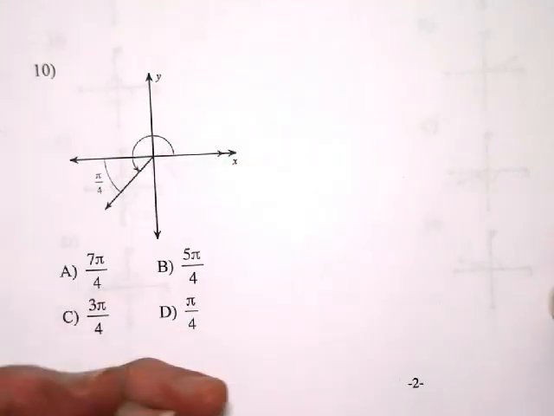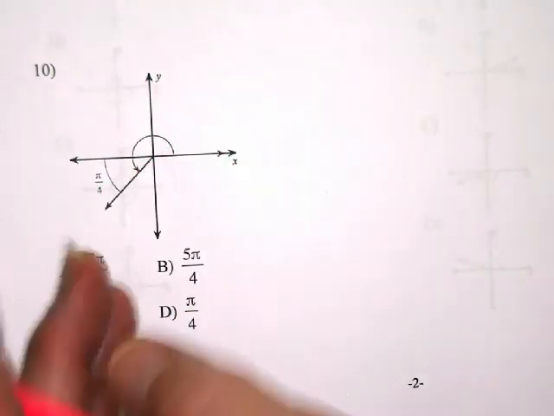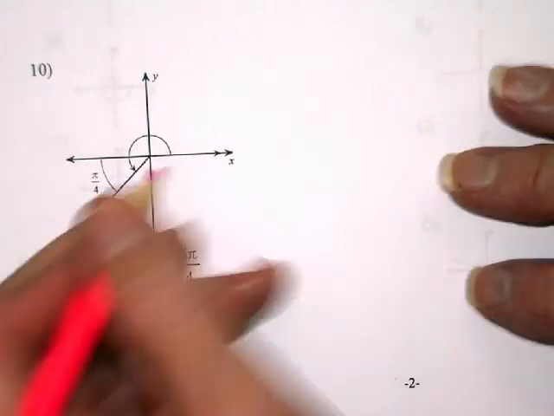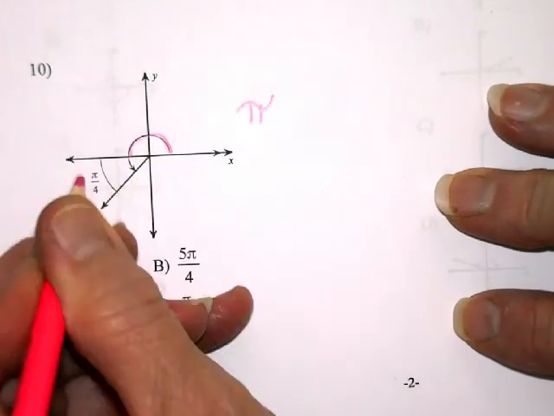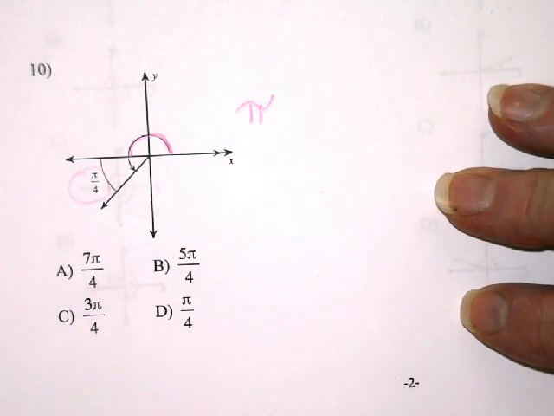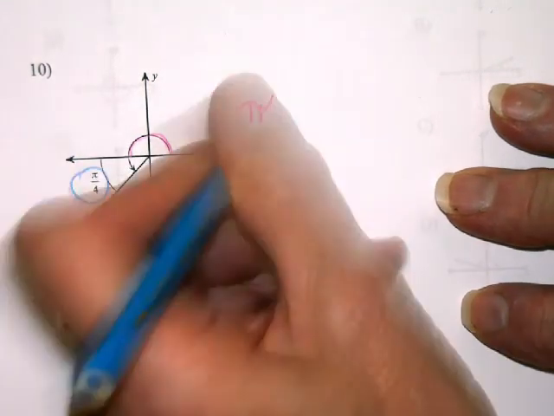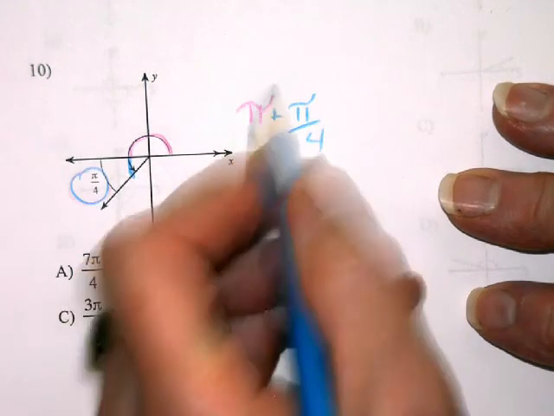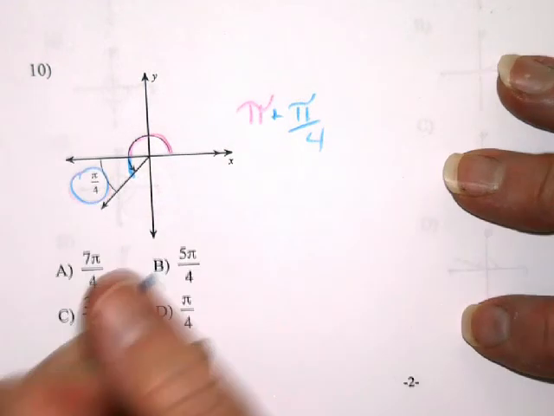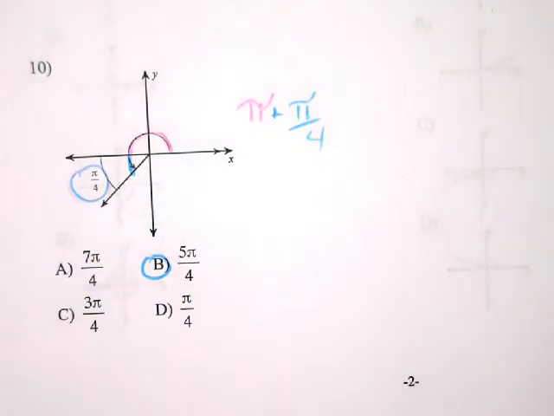Okay, last one for this game. You had to find the angle that's been drawn. So I'm only going to go a pi, and I'm going to add pi plus 4 pi, so that gives me 4 pi plus 1 pi is 5 pi over 4.